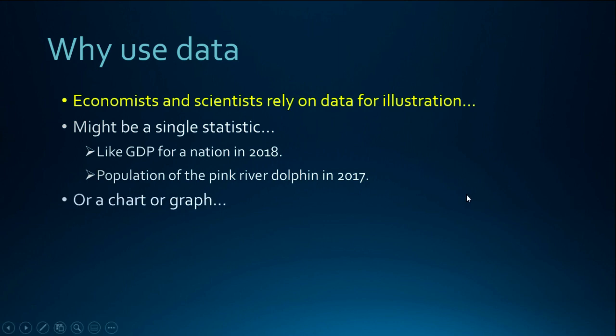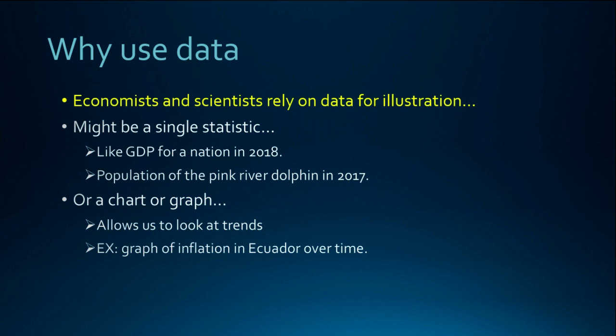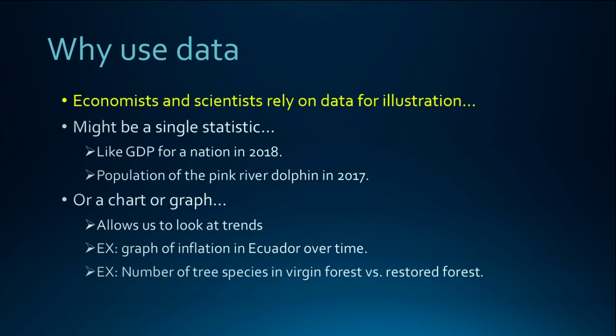But of course, we also use a lot of charts or graphs because we can get more information communicated that way. A chart or a graph might allow us to look at a trend. So maybe I want to graph inflation for Ecuador over time. Maybe that graph is going to be very meaningful to tell me, wow, inflation's really gone up in Ecuador, and that might lead to certain problems that we want to talk about.